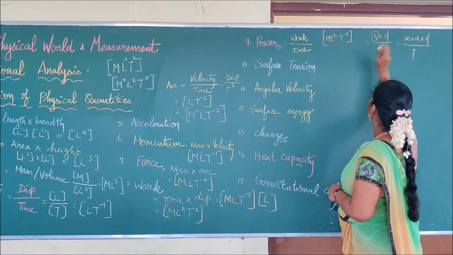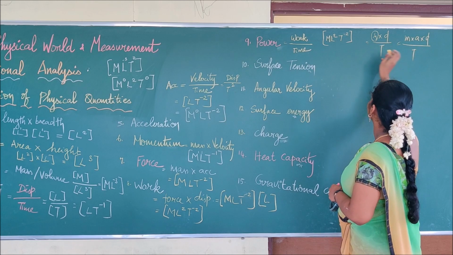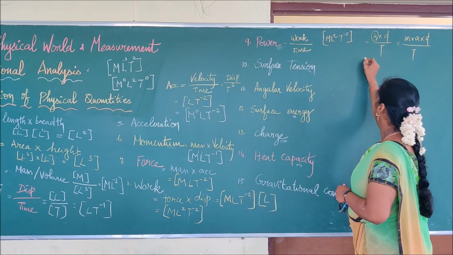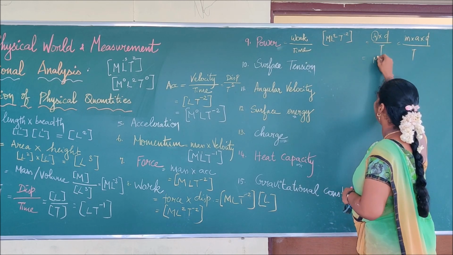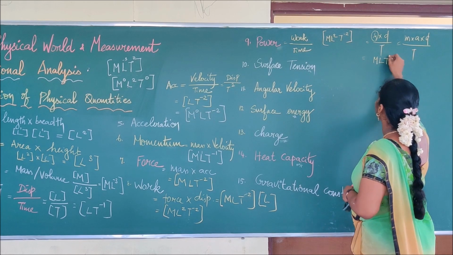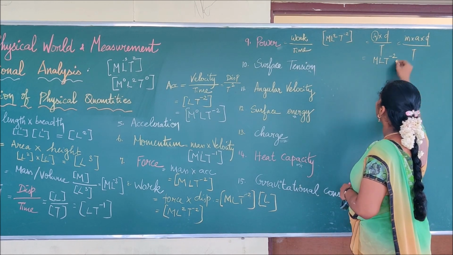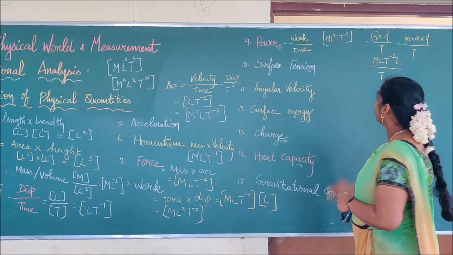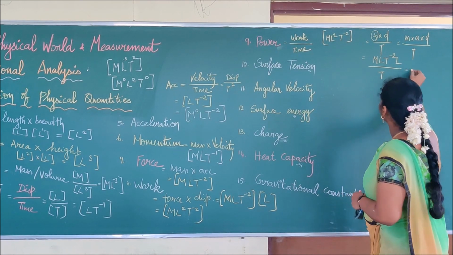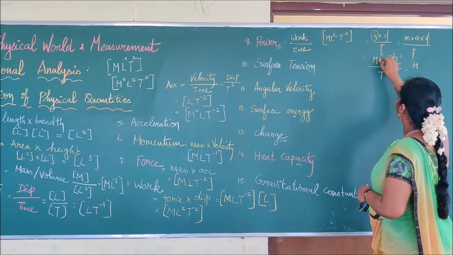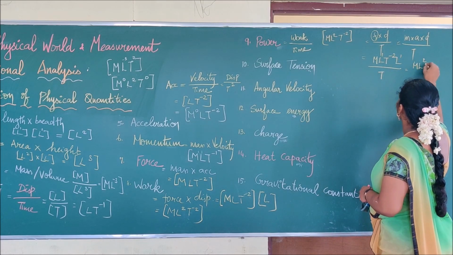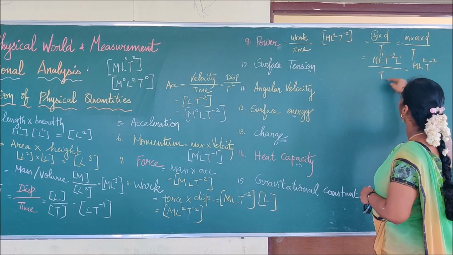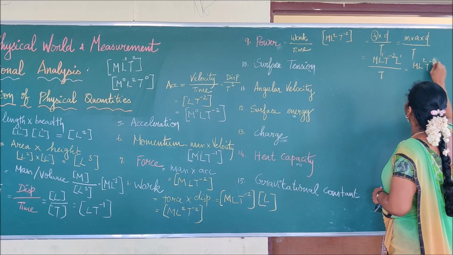So mass is M. Acceleration, right? Here we can write mass as capital M. Acceleration is what? LT power minus 2. Then displacement is L, divided by T. Then what does it become? It becomes M, 1 multiplied, L square, T power minus 2, and when it goes here, it becomes what? Minus 3.